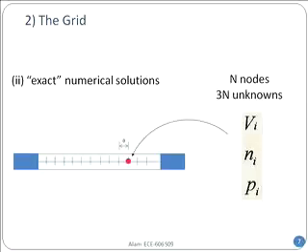Okay, now every point I will mark it as node I, and the node I has an unknown V sub I, the potential at that point. N sub I and P sub I are electron and hole concentration at that point. And in the beginning, these are all unknowns. Every point I do not actually know anything about this.